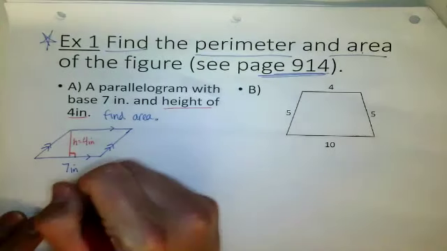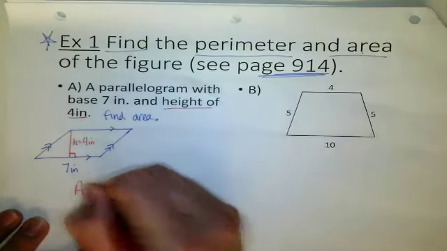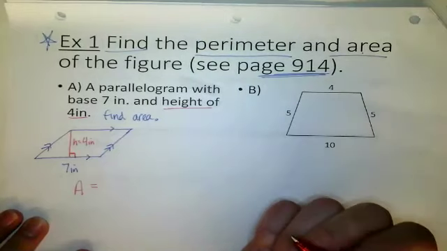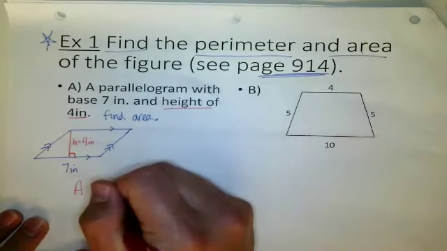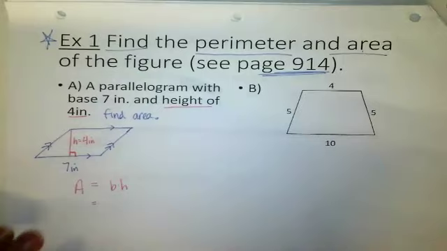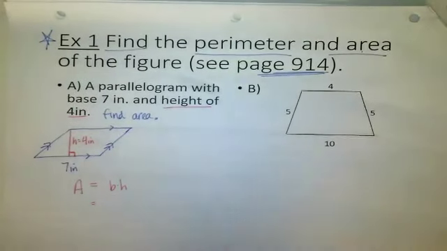Does anyone know the formula for the area of a parallelogram? It's just base times height. Okay, it is just base times height. The way you think about this is, what's the formula for the area of a rectangle? Base times height, right? Guys, you've got to know this stuff.